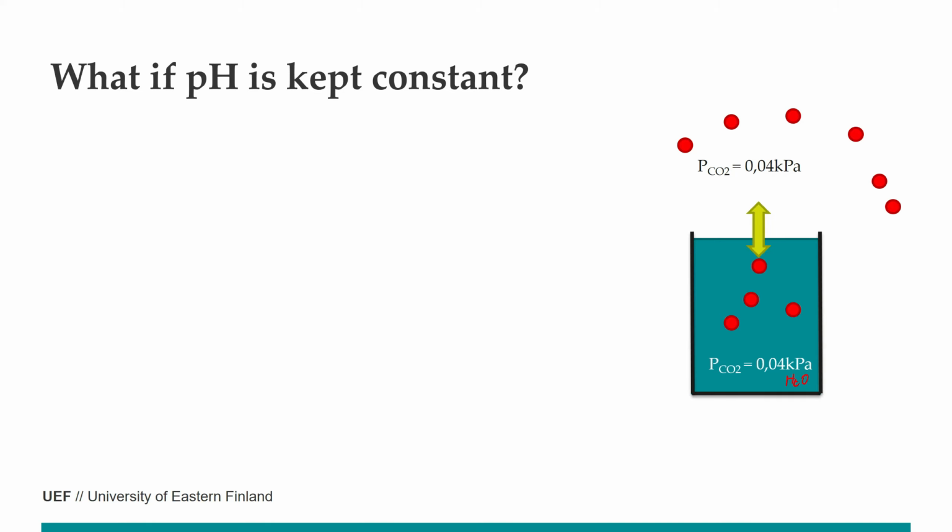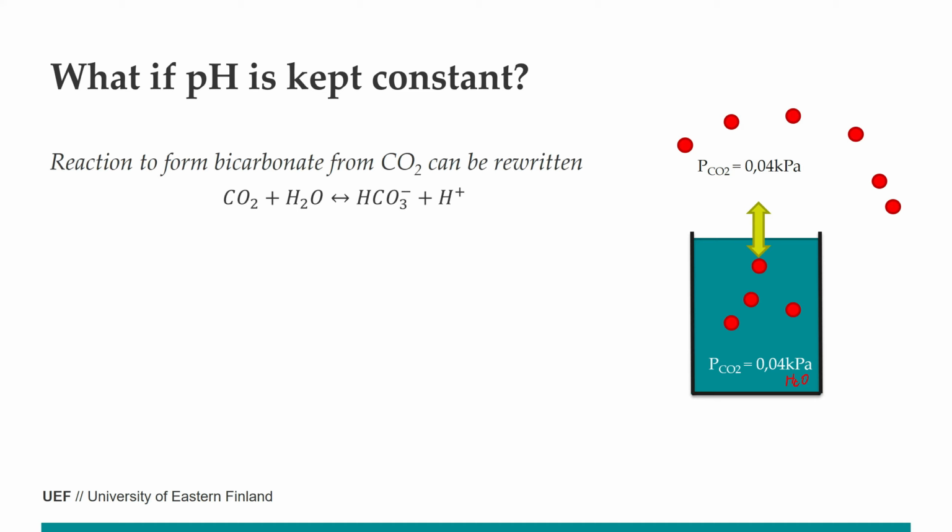And now this carbon dioxide will partly form the bicarbonate, and we can put this reaction a little bit more simply because we don't want to worry about the acid that was there in between, because it doesn't exist a lot. So now on the left hand side we only have carbon dioxide and water. On the right hand side we have bicarbonate and the protons that of course affect the pH.